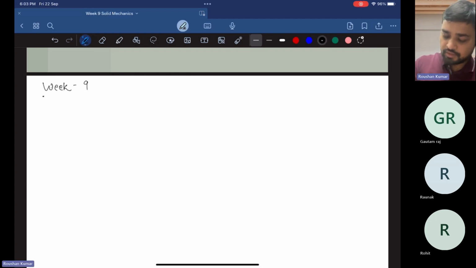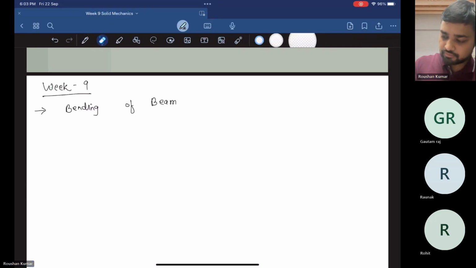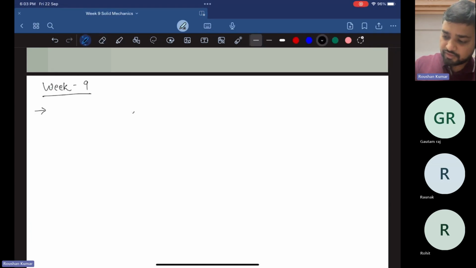In week 9 we have three lectures on bending of beams. The first two lectures are based on pure bending of rectangular beams.